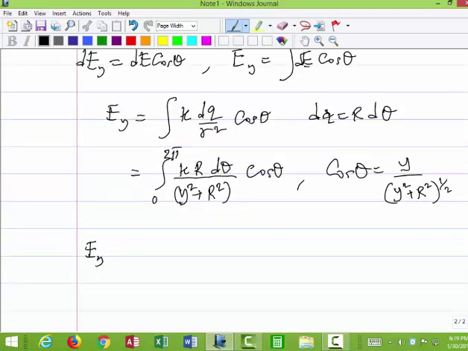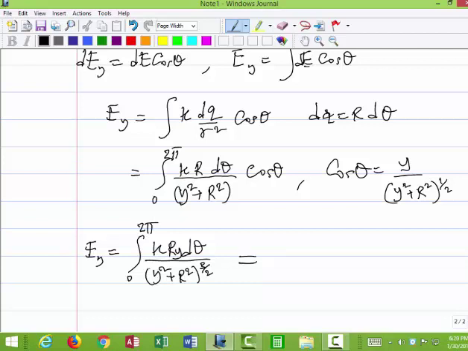So Ey can be written as the integral from 0 to 2 pi of k r d theta times y, divided by y squared plus r squared raised to the power 3 over 2. I've combined y squared plus r squared and multiplied it by y squared plus r squared raised to the power half, which gives us the power 3 over 2.